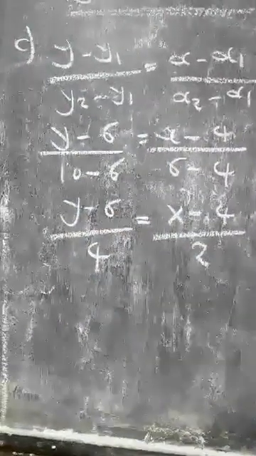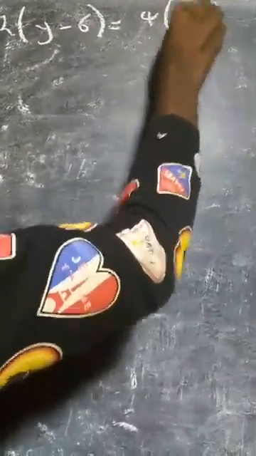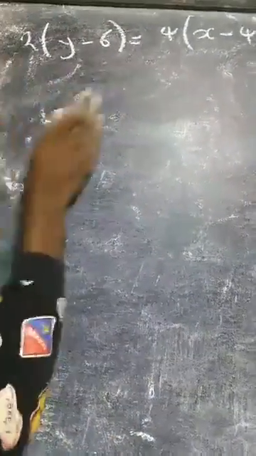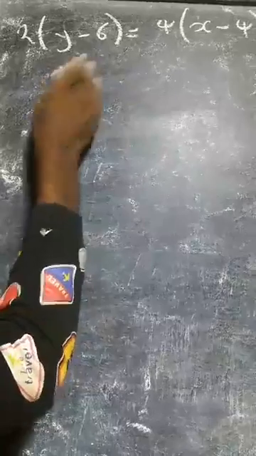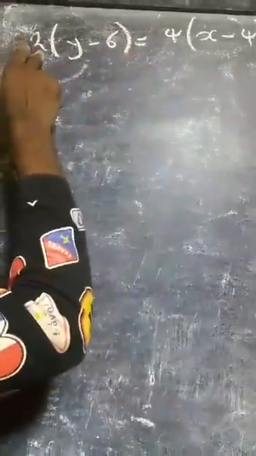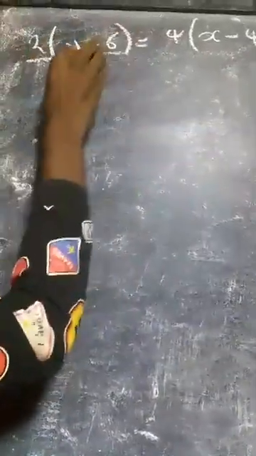So we come here: 2 times y minus 6 is equal to 4 times (x minus 4). So don't expand this, no need for this one. Why? 4 is a multiple of 2, or 2 is a factor of 4. So we just divide by 2.